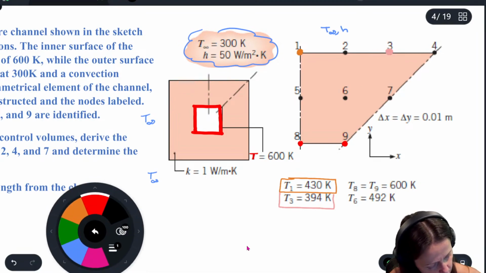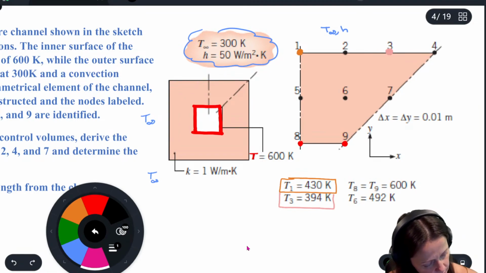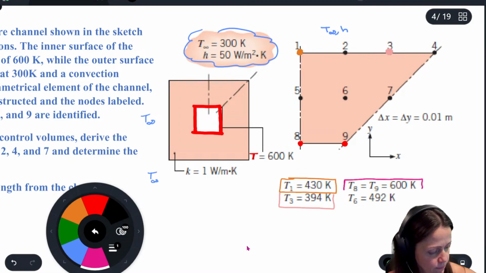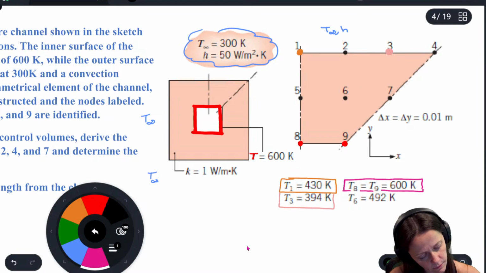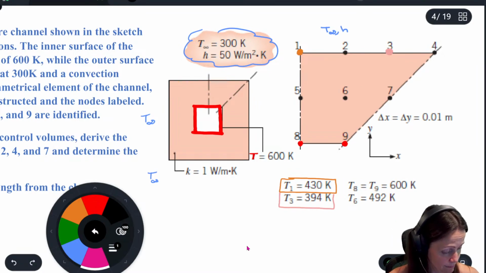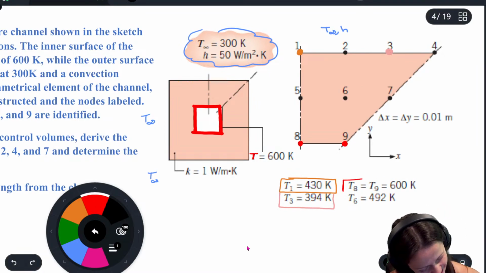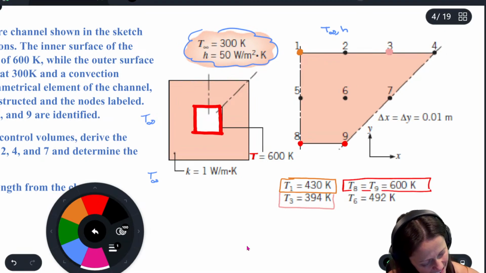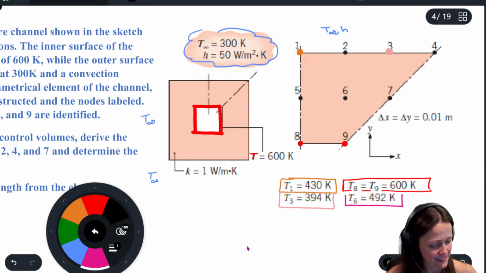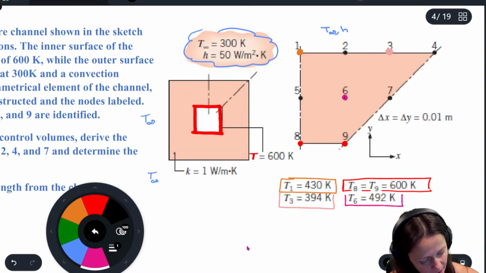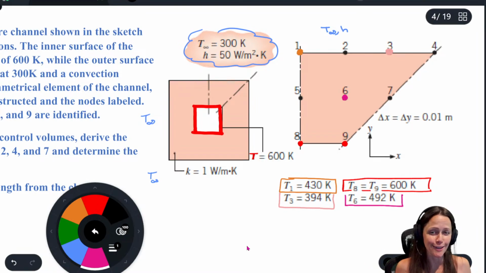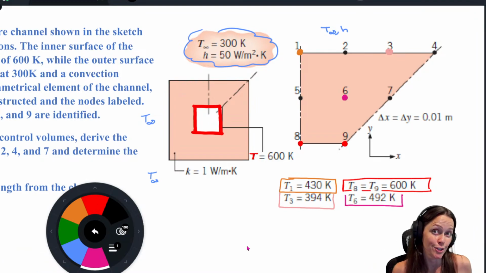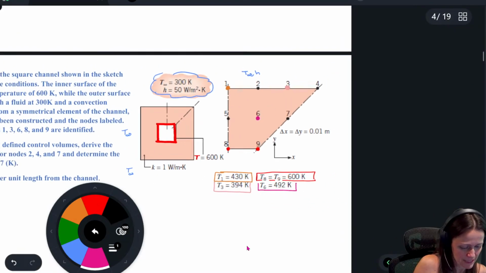Yeah, pink is good. 8 and 9, oh, that should have been red. 8 and 9 are at 600. And then 6, that's going to be this guy right here. Okay, so I've colored the nodes where I know the temperature, so it's kind of obvious.